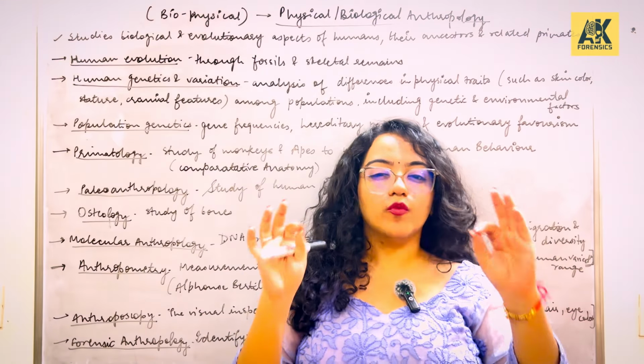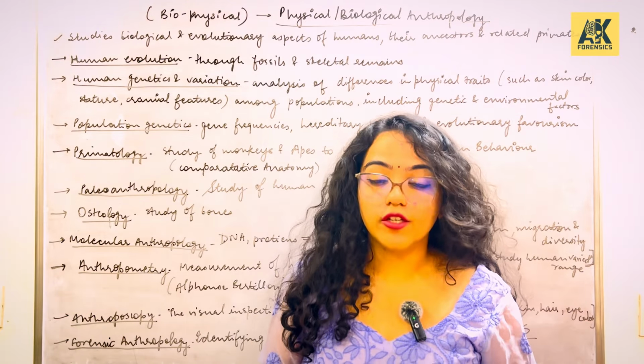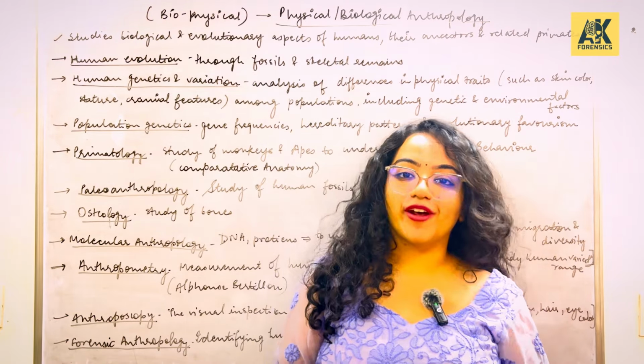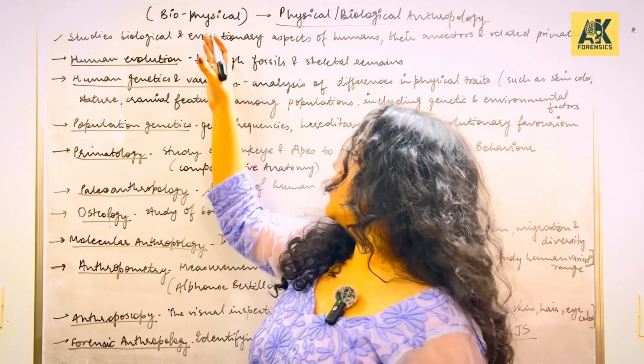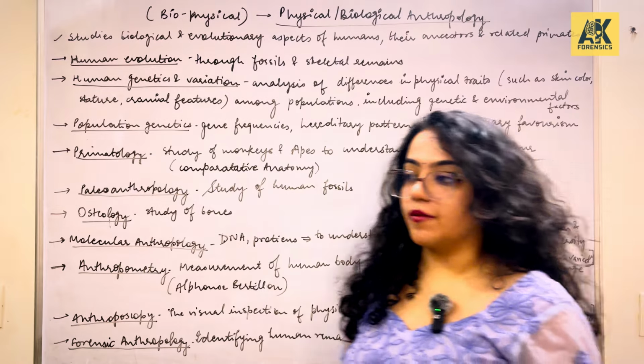Moving on to our most interesting and the most intriguing branch, and my personal favorite branch in anthropology, which is the biophysical, the biological or the physical anthropology, as we say.